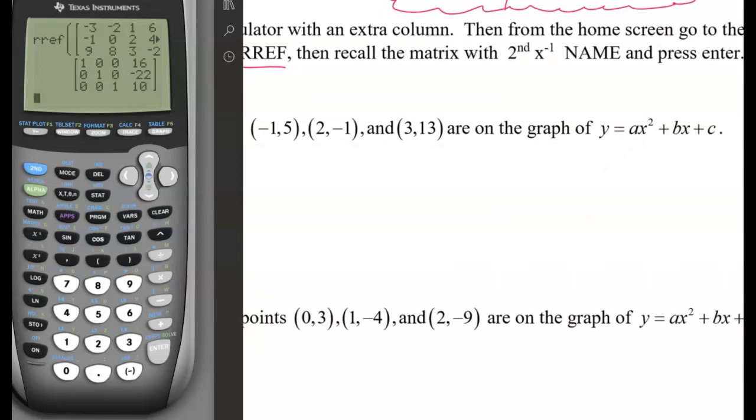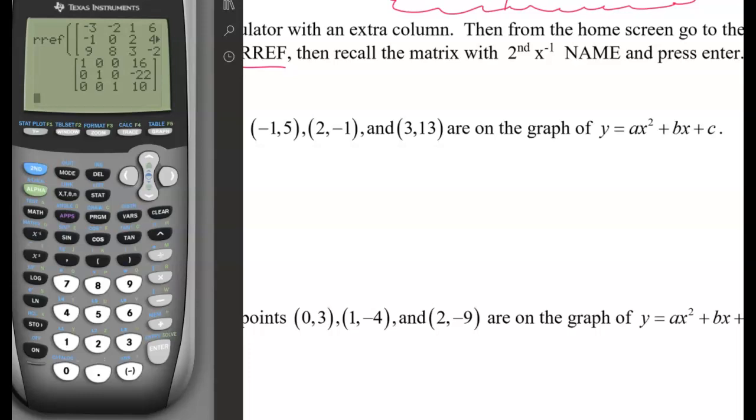Now, when I think about a point, what variables do the numbers in the coordinate point represent? In a coordinate point, what does a coordinate point represent? X and Y. Beautiful.